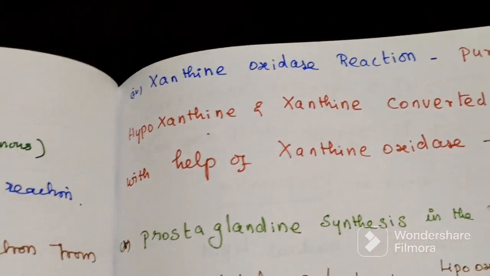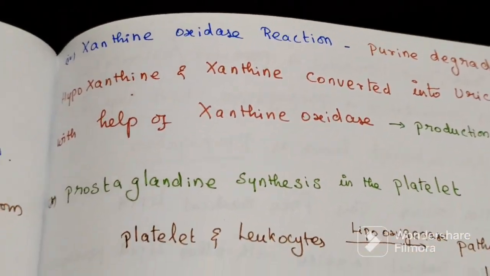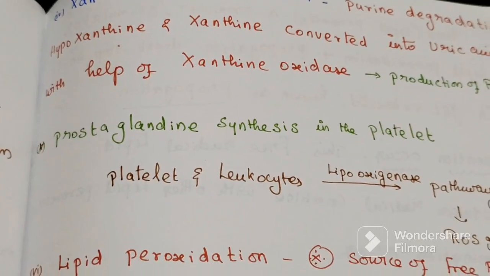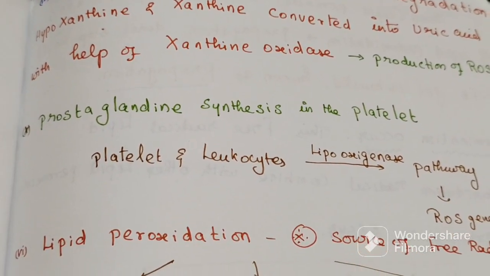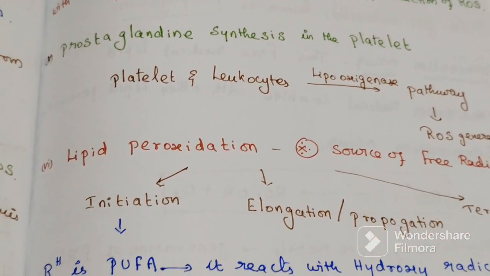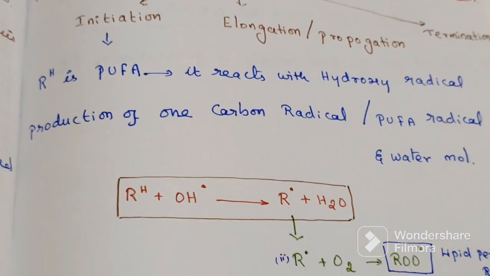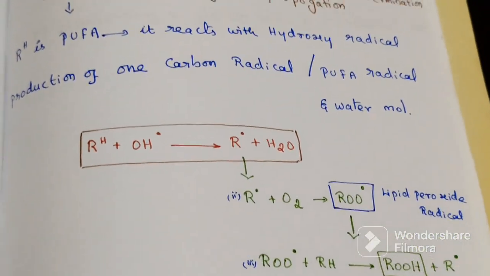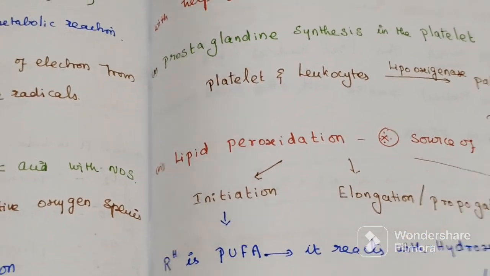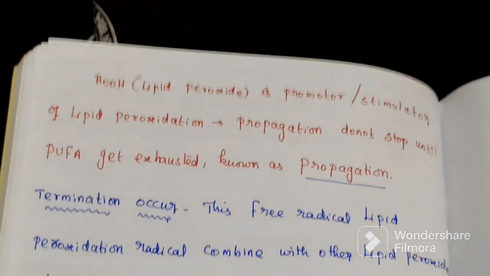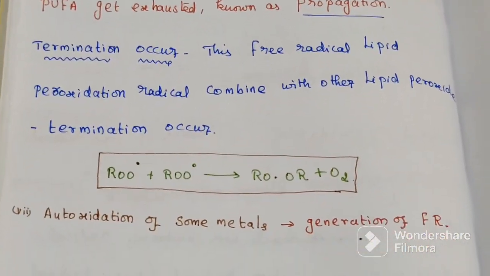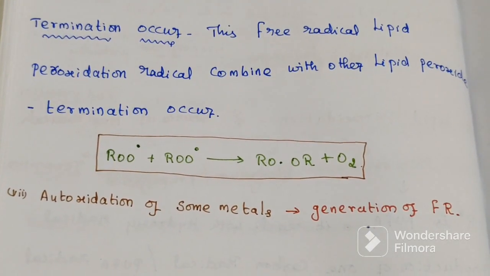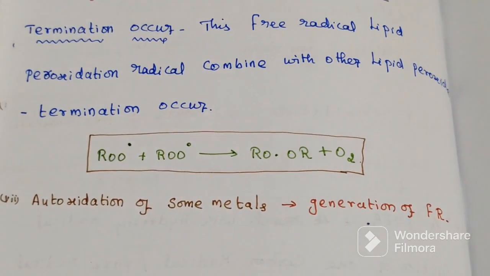Fourth one is xanthine oxidase reaction. Fifth one is prostaglandin synthesis in the platelet. Then lipid peroxidation. Last one is auto oxidation of some metals.